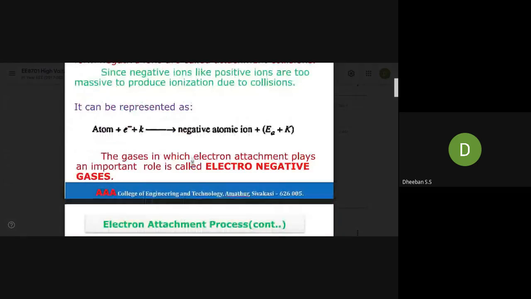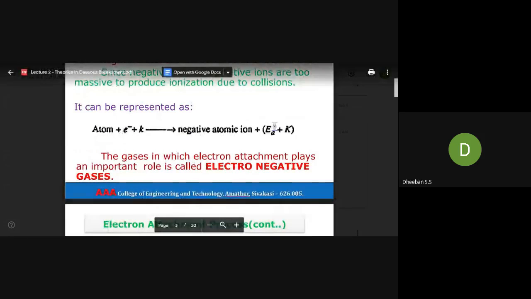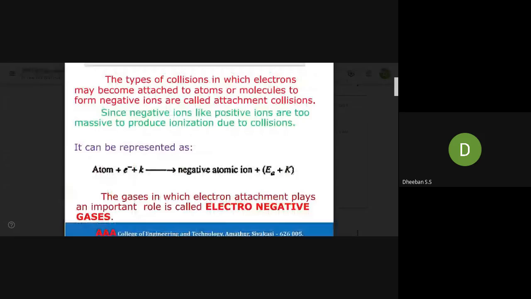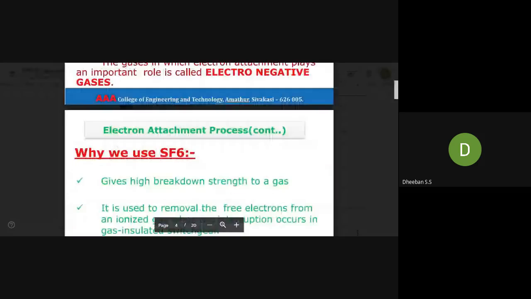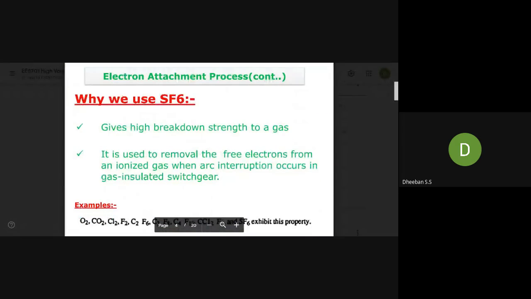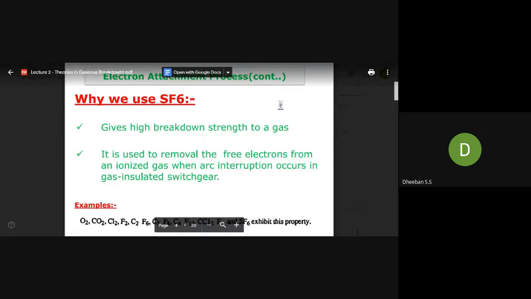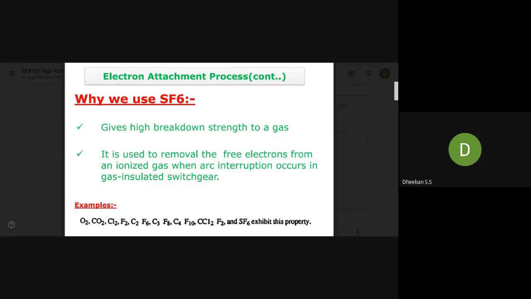This is a normal basic equation. If they ask for the electron attachment process, you have to write the process followed by this equation. Fluorine is a highly electronegative gas. With respect to fluorine, this refers to sulfur hexafluoride, that is SF6, which you have already studied.